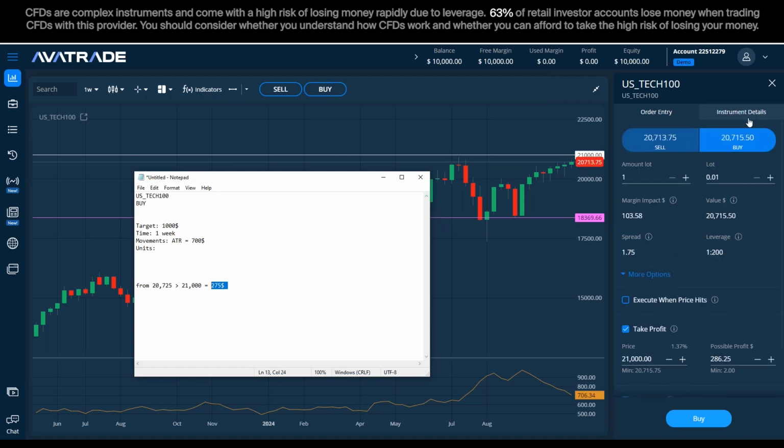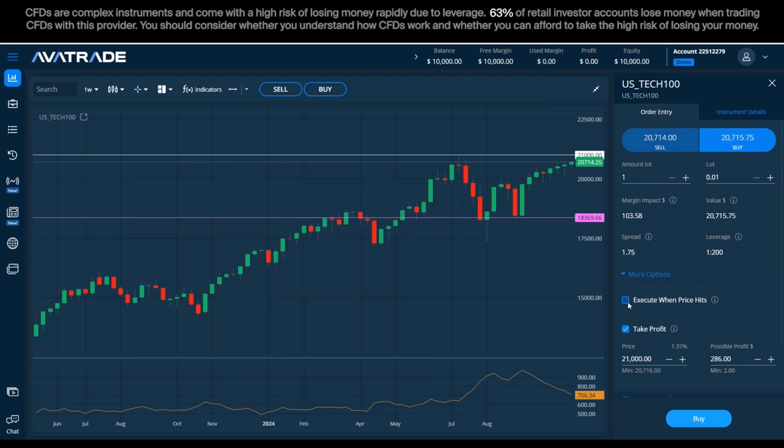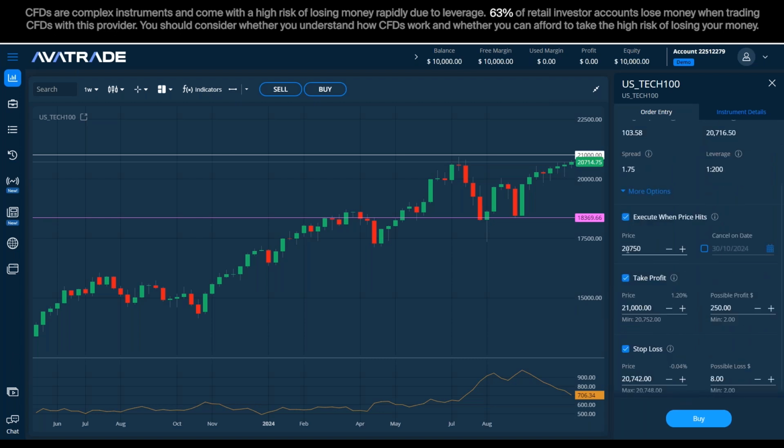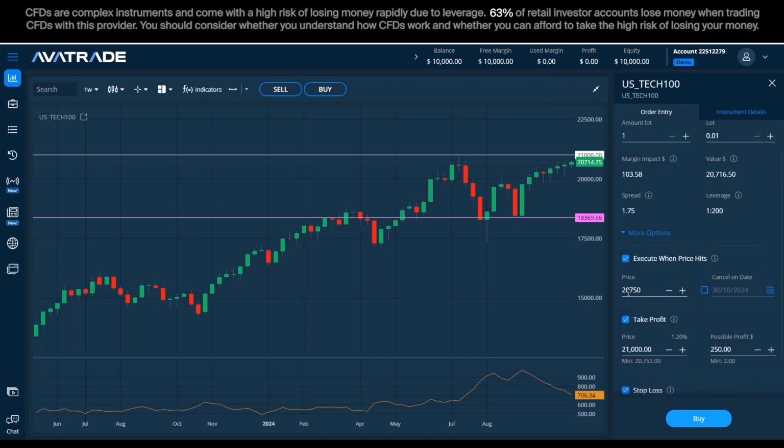Currently, if I click here on buy, what will happen is Nasdaq will be bought at 21,715. If I would like to pick a specific price, let's suppose that I don't want to buy now, but I want to go a little higher than that, just for the sake of confirmation.